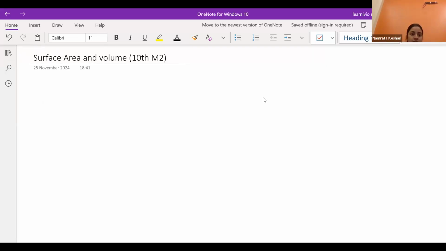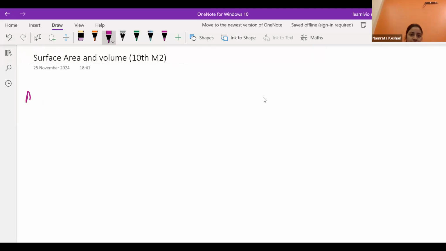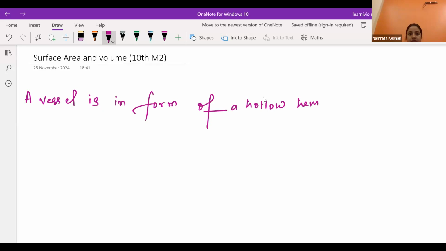A vessel is in form of a hollow hemisphere mounted by a hollow cylinder.